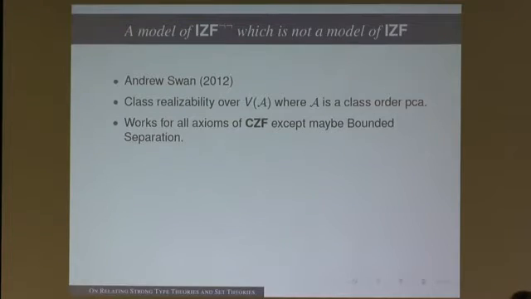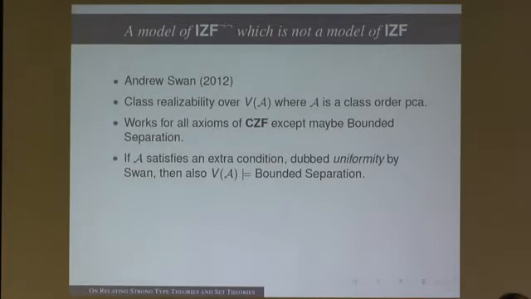It works for all the axioms of CZF, in particular for strong collection and subset collection, all of these things. But there's a problem with bounded separation. In general, it does not work for bounded separation. So this V(A) might not realize bounded separation. But it turns out that one can impose an extra condition that he called uniformity. And if you have this uniformity, then V(A) validates also bounded separation, so full CZF.